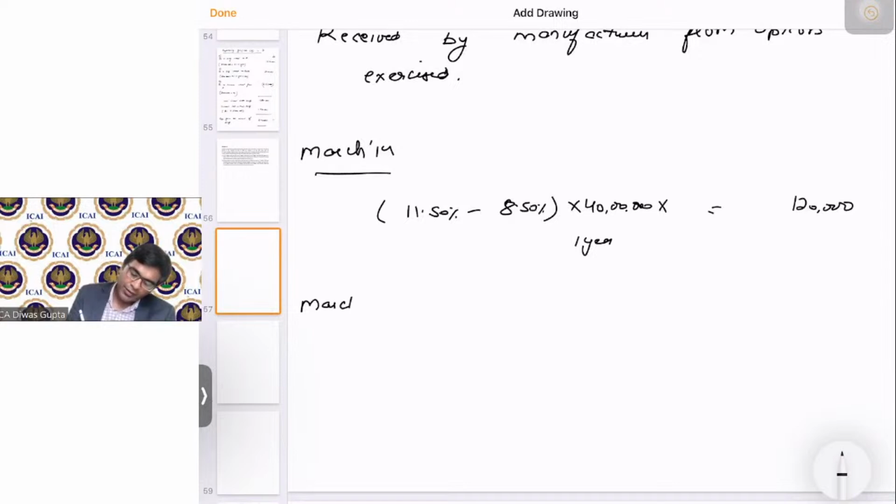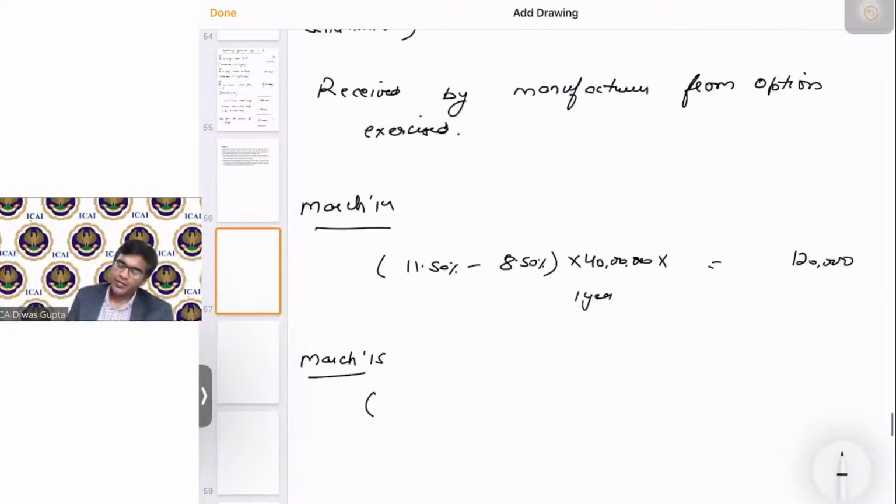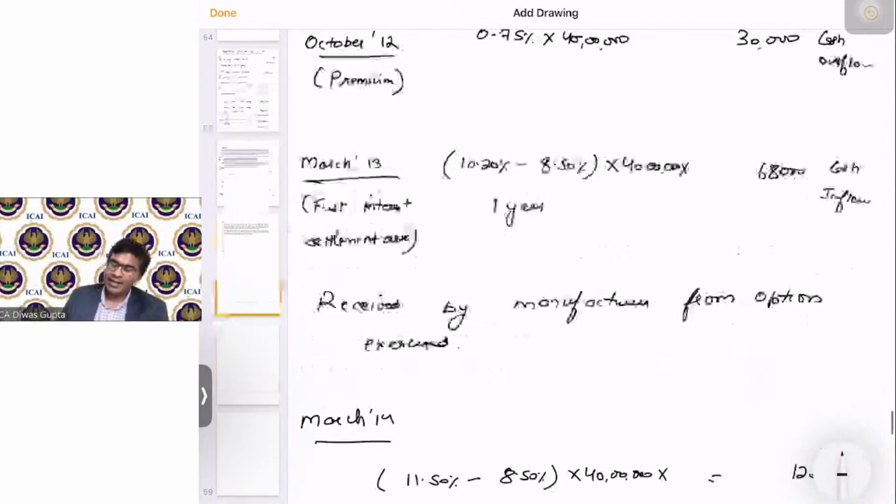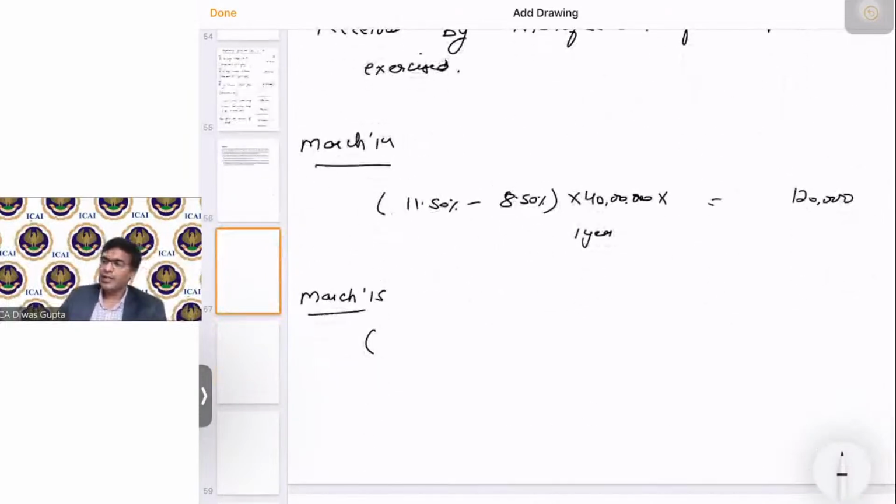Then comes March 15. March 15, what is the interest rate? Interest rate is 9.25. Our strike rate is 8.5. Still it is higher. So the conditions are still favorable as on March 15, and the textile manufacturer will end up exercising the option because it is still in the money. 30,000, yes.